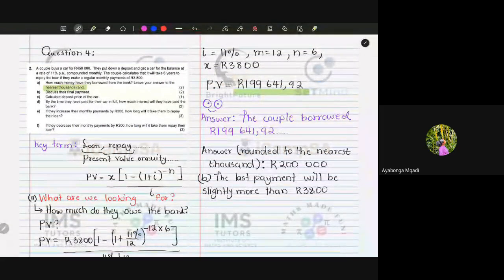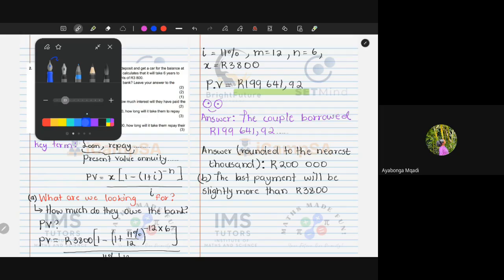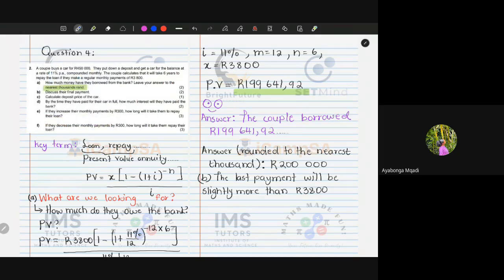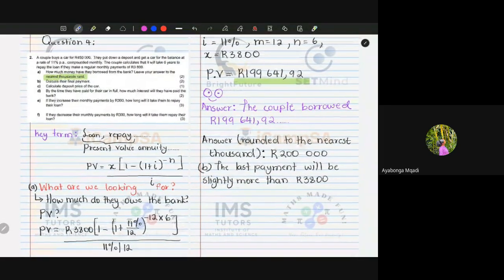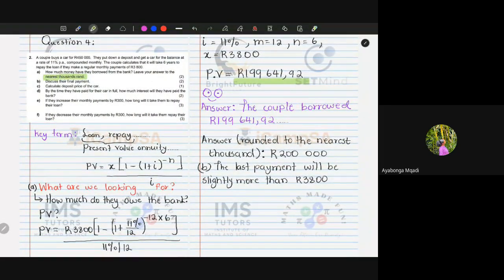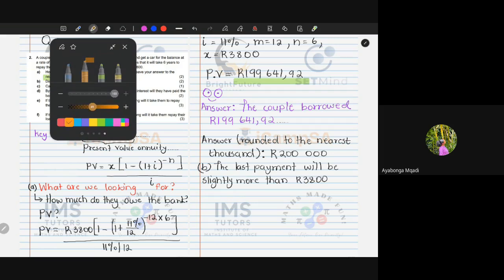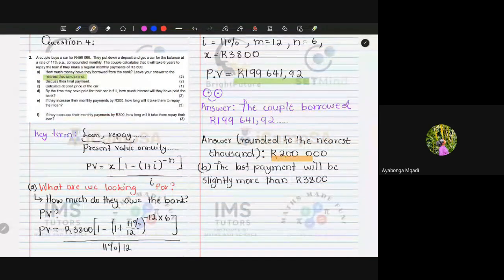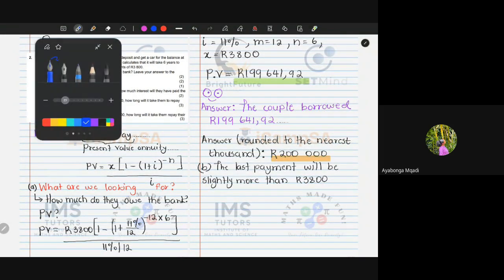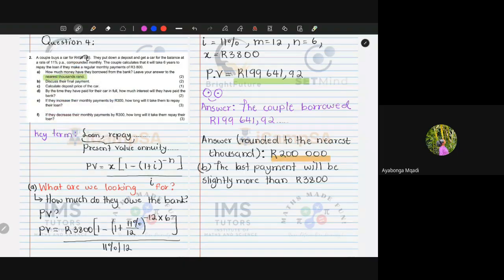Awesome, guys. Now that we know how much we borrowed from the bank, we can now calculate the deposit price for the car. So let's use this value of 200,000, rounded up. We have 200,000 that we owe the bank, but the car was initially 450,000.